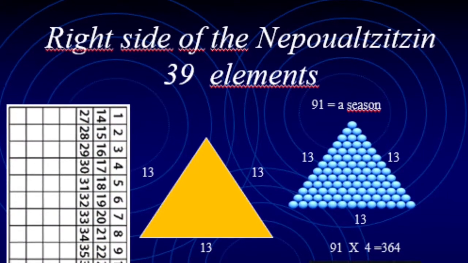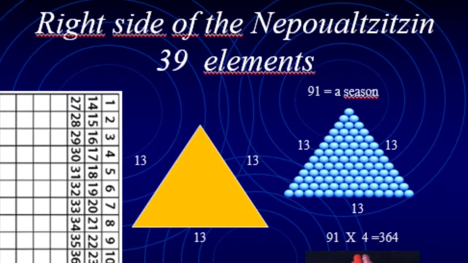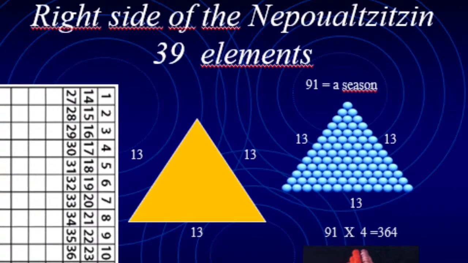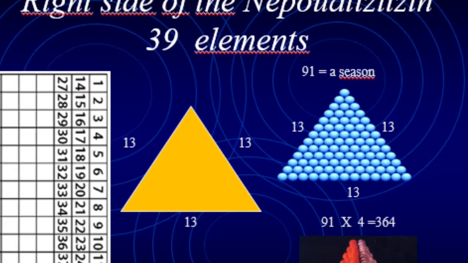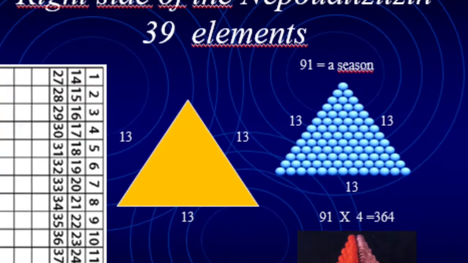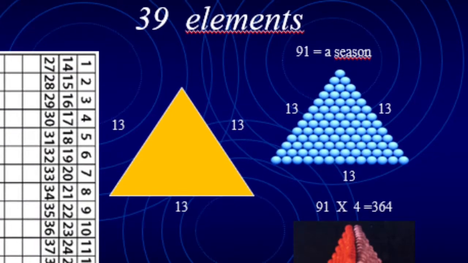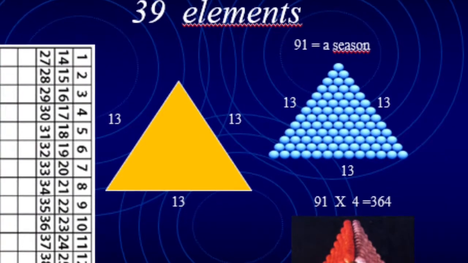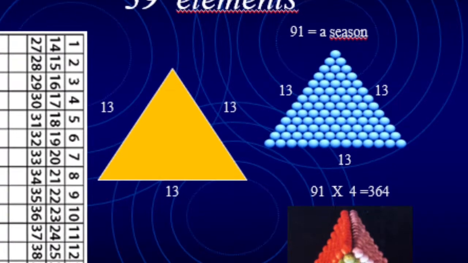Another important aspect of the Nepoualtzitzin and its relationship to the cycles is to analyze, for example, the right side of the abacus, which has 39 elements. Now suppose you have an equilateral triangle with 13 little dots or circles per side.